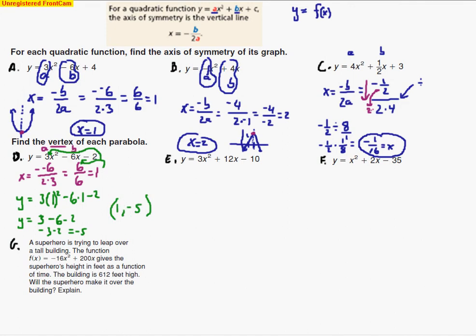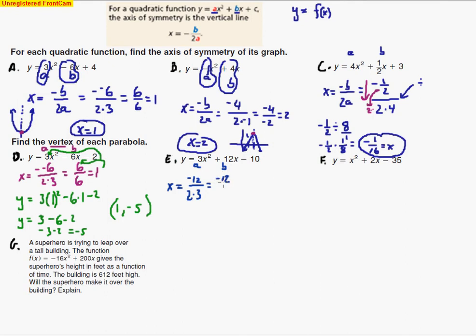Well, let's try the next one here. Let's say we had the a term looks like it's 3, b is positive 12. So we just go ahead and find the x value first. So we're going to substitute 12 in for the opposite of b. So negative 12 over 2 times the a value. So remember, it's the opposite of b, so that's why I switched the sign. Whatever b is, it's always the opposite of that.